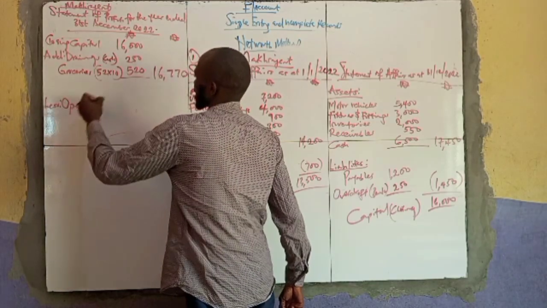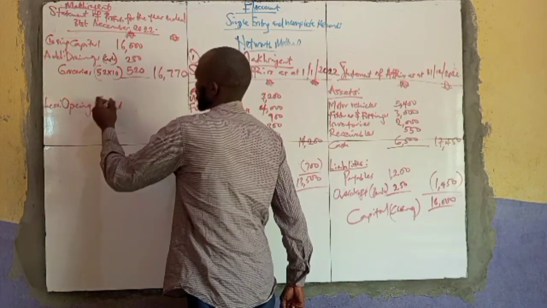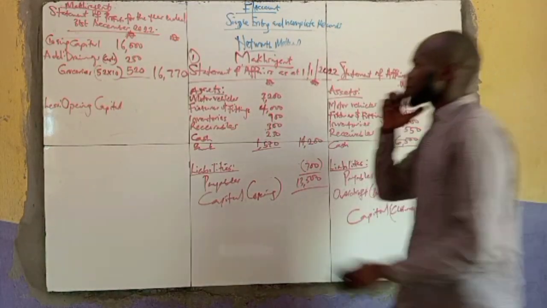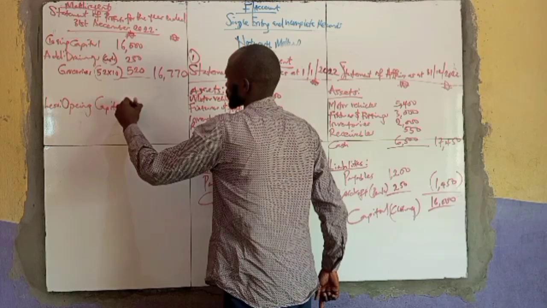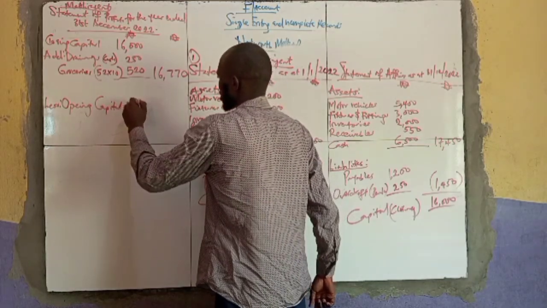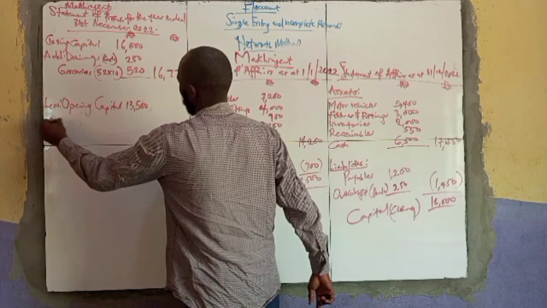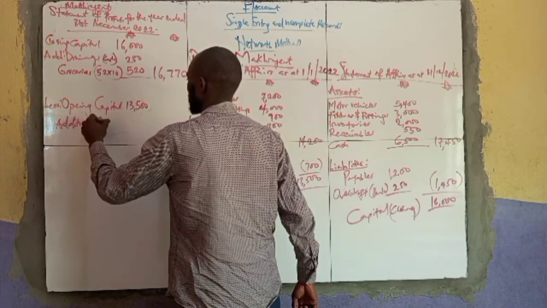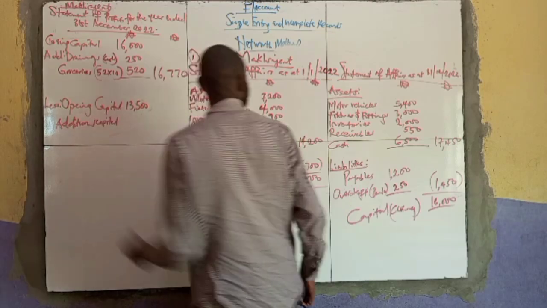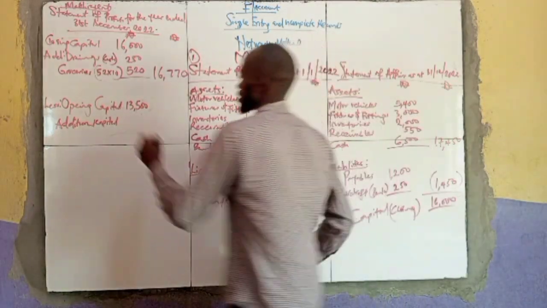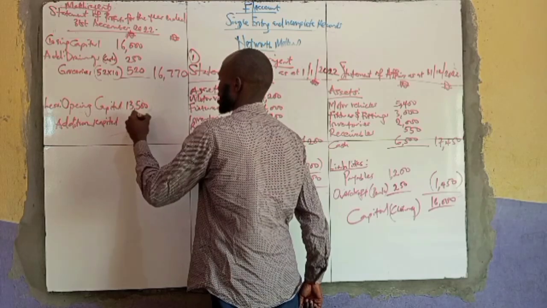Then we go to less opening capital. Our opening capital, according to the workings we've done, is 13,500. Remember, it has to be added to the additional capital provided by us. Additional capital, according to the question, is 1,270.